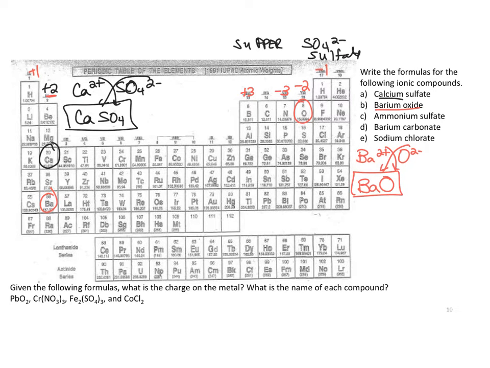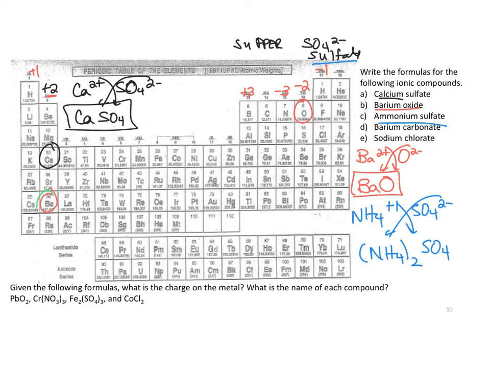Ammonium, that was one you needed to memorize. Ammonium is NH4 +1. Sulfate, SO4 2 minus, you memorize that. And so then when you do the crossover, and this is a polyatomic, and we need 2 of them, so we need parentheses, NH4, 2, and then sulfate. That's ammonium sulfate.